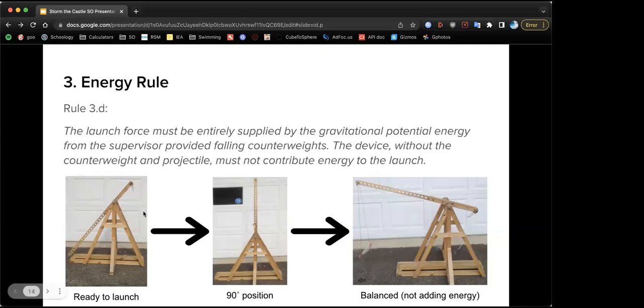So without anything on it, it should be like this when you're ready to launch. It shouldn't move or anything. This is the 90 degrees position, and when you balance it, nothing should be adding energy to it, and it shouldn't really move.